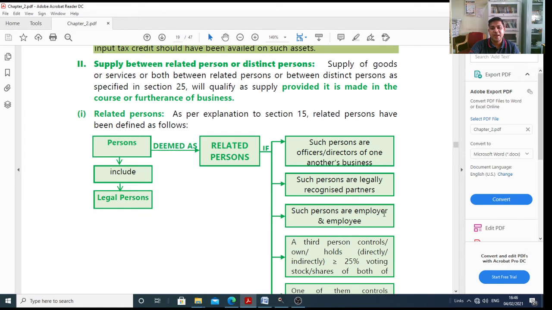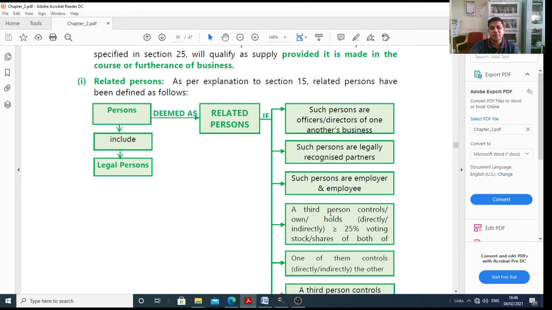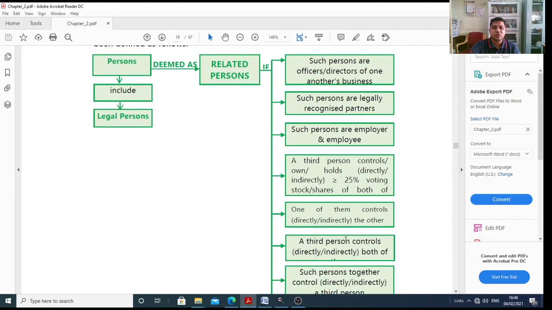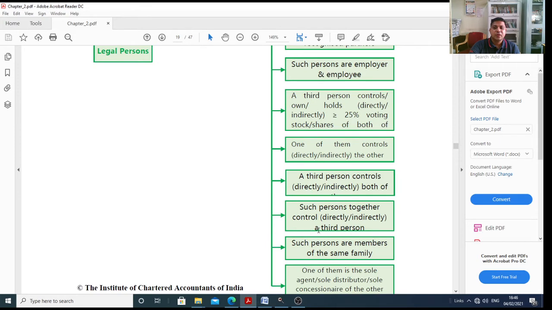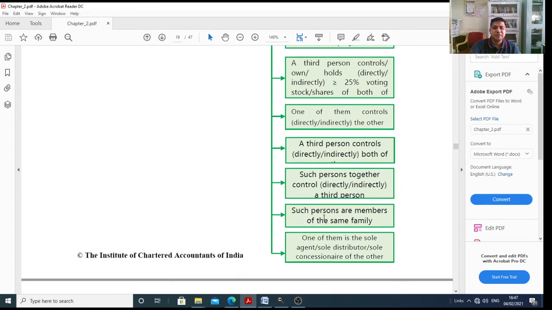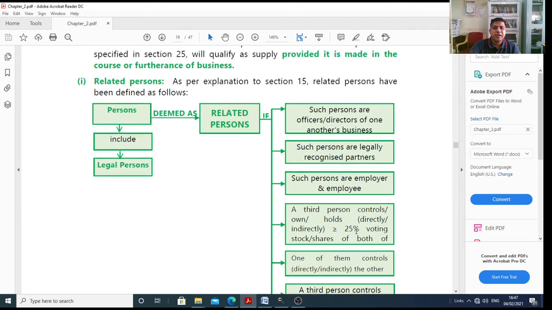Such persons are employer and employee, or a third person controls, owns or holds directly or indirectly more than 25% of the voting stock or shares of both of them, or one of them controls the other directly or indirectly, or a third person controls both of them directly or indirectly. So these particular persons are called related persons.